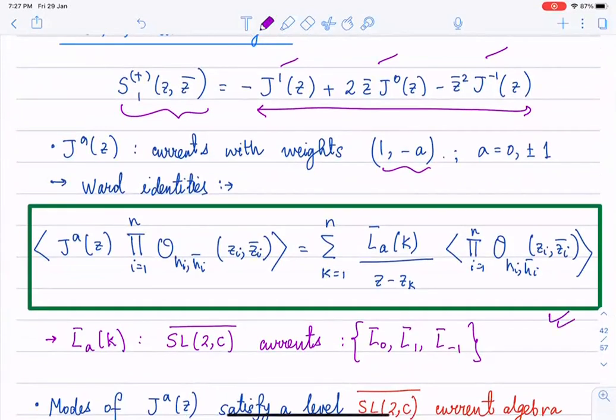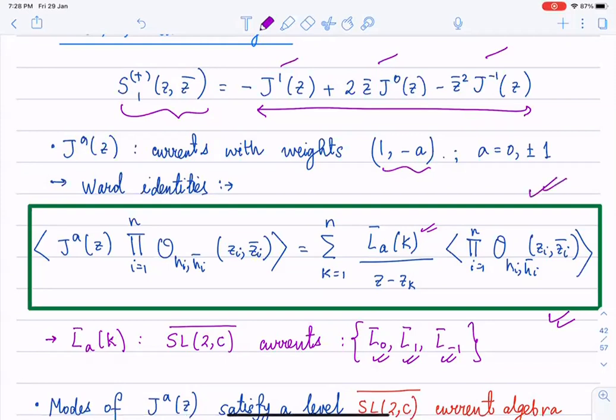Here these L bar a are nothing but your SL2C bar currents, which are the currents for the anti-holomorphic conformal transformations, given by L0 bar, L1 bar, and L bar minus 1.